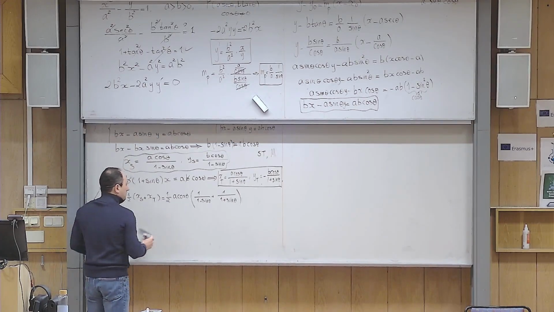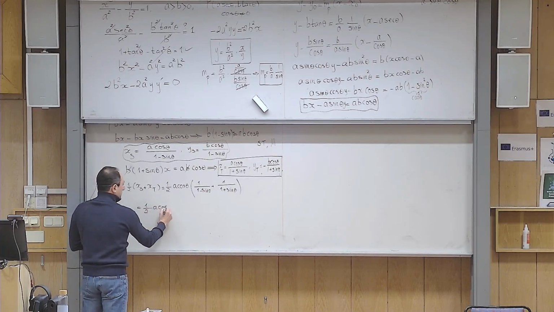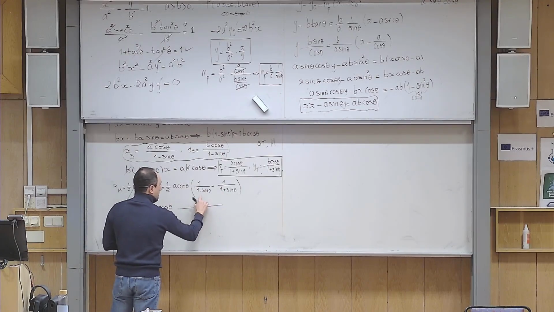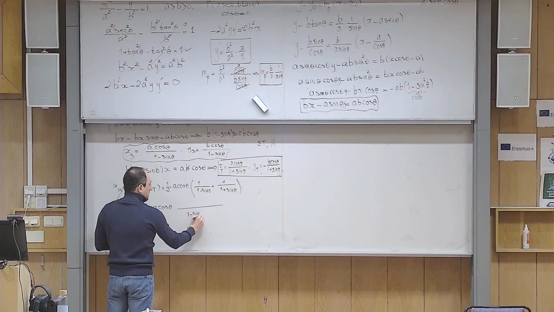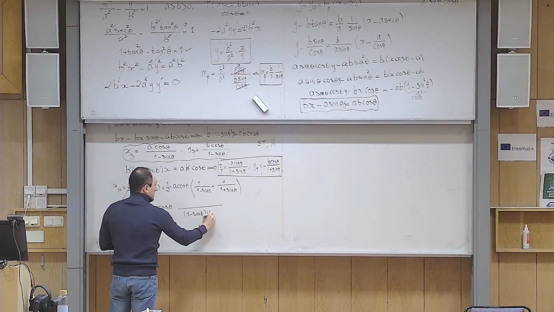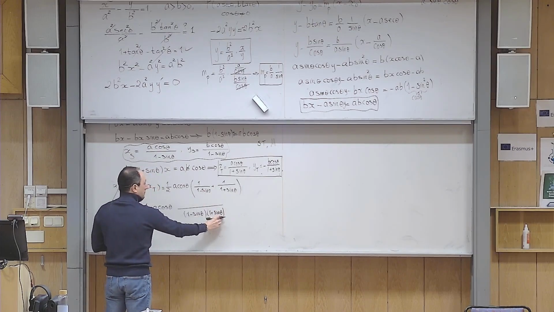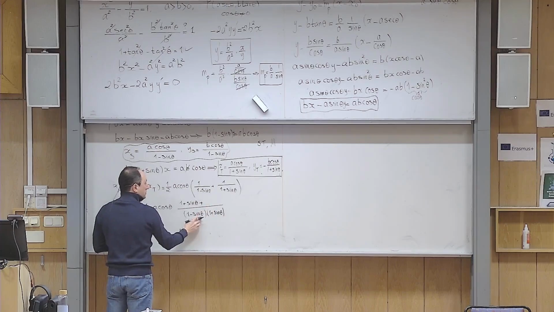I will copy and paste this first one. Then here I take the common denominator. The common denominator is the product of them. And if you compare this one with that one, that is your extra factor. Plus, if you compare this one with that one, this is your extra factor.